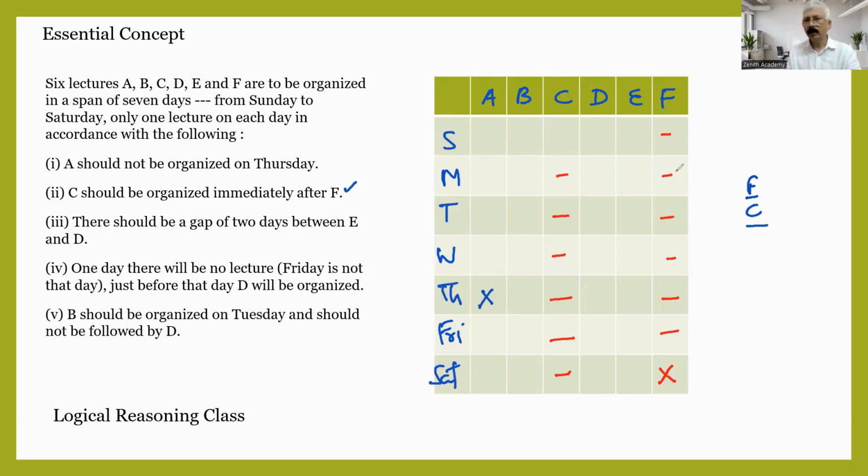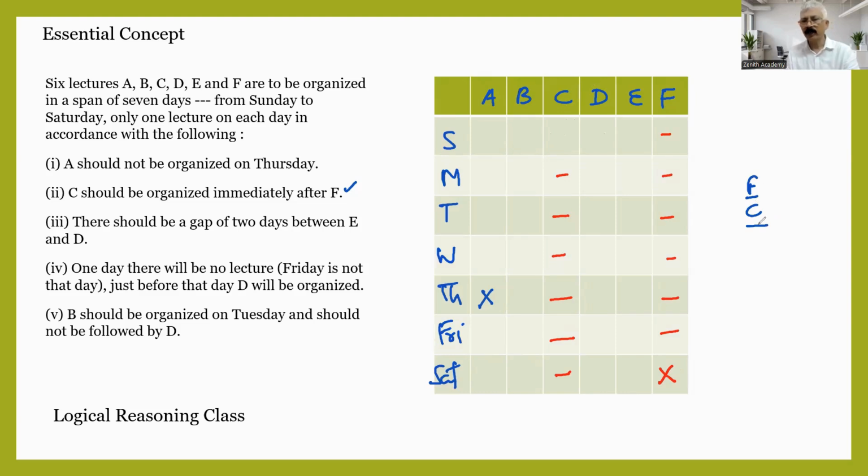And same way you cannot organize lecture C on a Sunday, because if lecture C is on a Sunday, then lecture F should be on the previous day of Sunday, which means before starting the program.